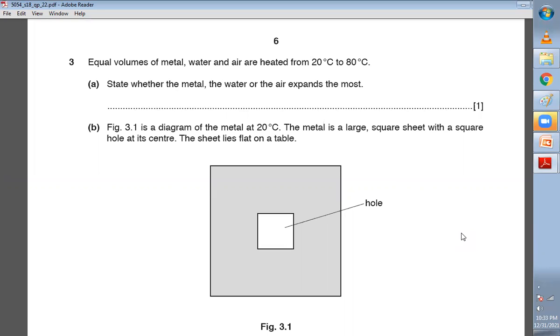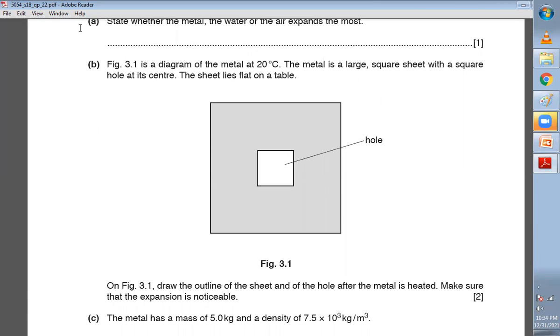Remember this: when you heat, the air will expand the most, then the liquid, and then the solid. If they have the same volume and you provide the same rise in temperature, the most expansion will be in the gas, in the air. So you can write here air.